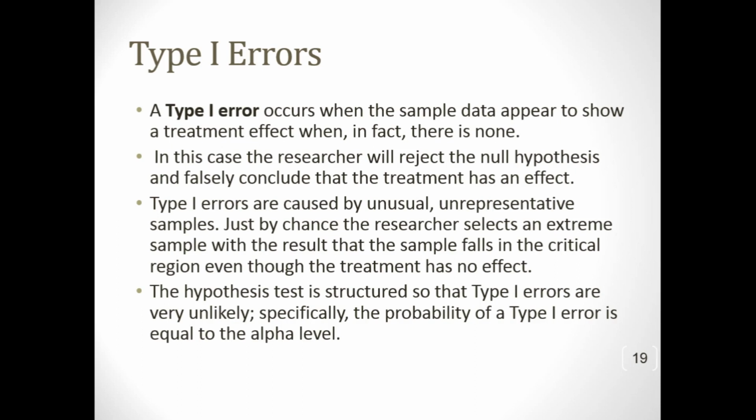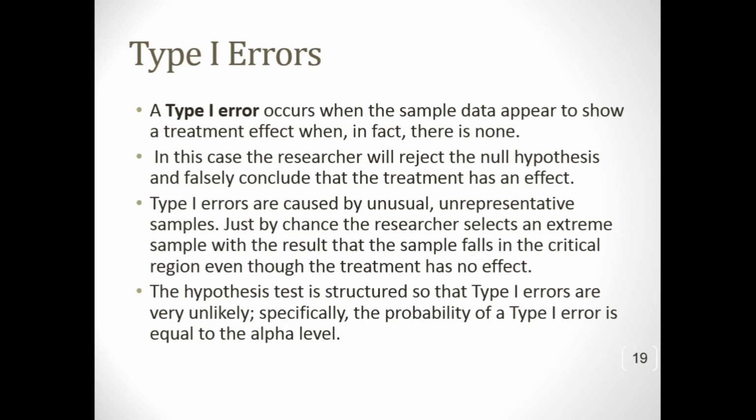Type 1 error is usually caused by unrepresentative samples. Just by chance, the researchers select an extreme sample, with the result that the sample falls into the critical region when the treatment has no effect.